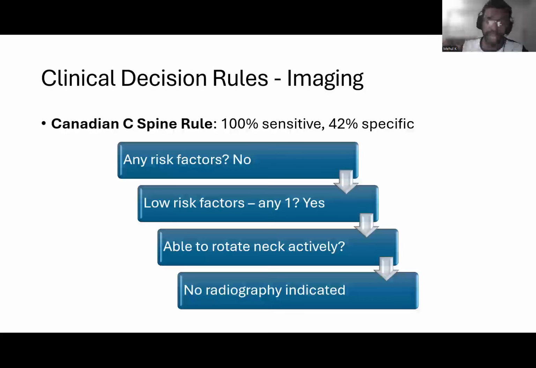If you have any low risk factors, then you look for the ability to rotate the neck, and you will not do this, you make the patient do it. Rotate it 45 degrees, left and right. If the patient is able to do that as well, then your C-spine is cleared and you do not need radiography.